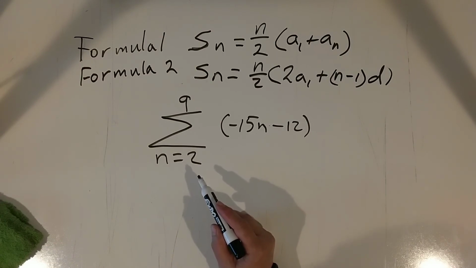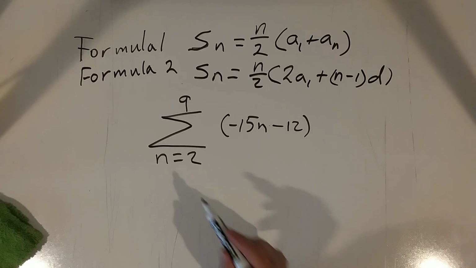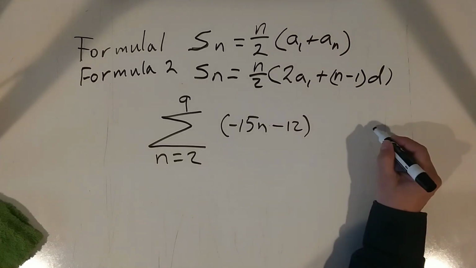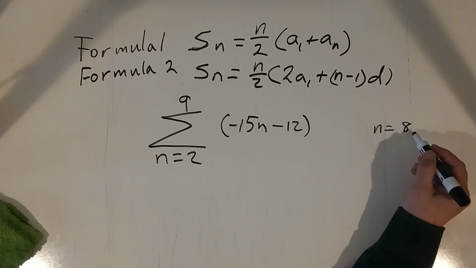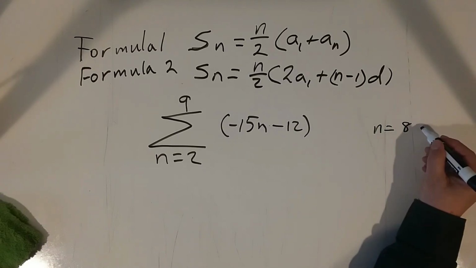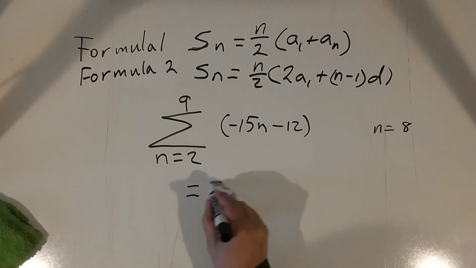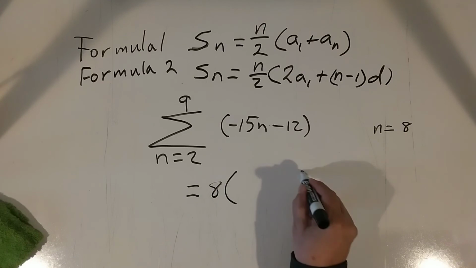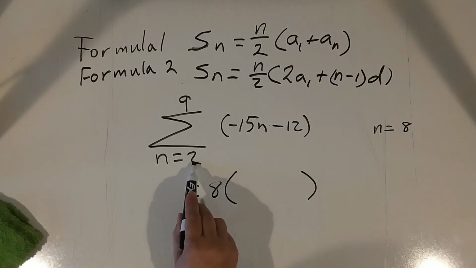So normally going from 1 to 9 would be a total of 9 steps. But since we're starting with 2, the actual number in the sequence is 8. So I have to use this in the formula.